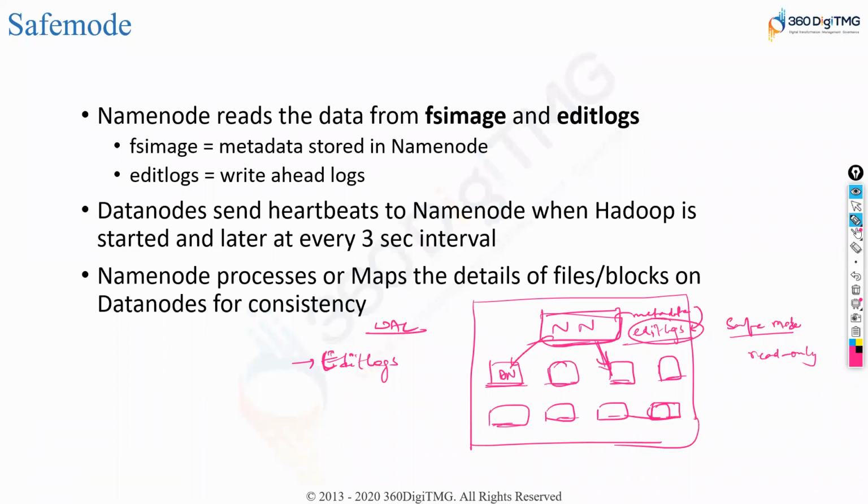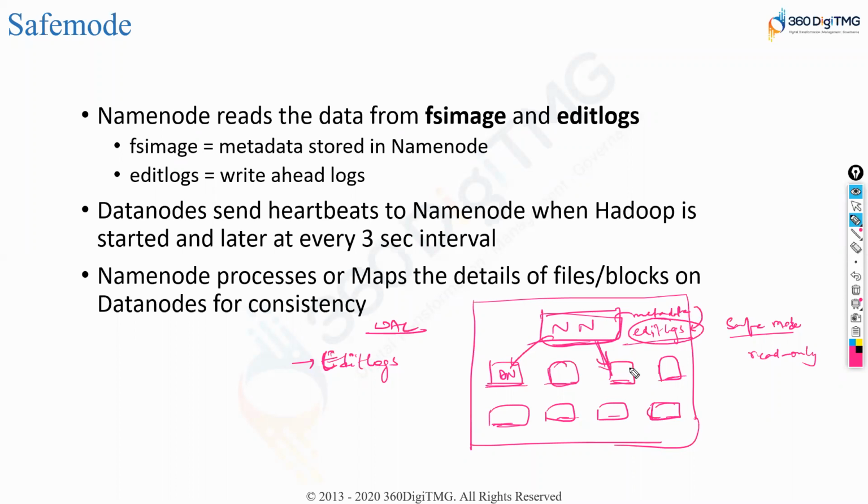It has to start the services, which means everything should be consistent, right? So it verifies that consistency by looking into the current status of each data node and maps that information with the metadata it has.